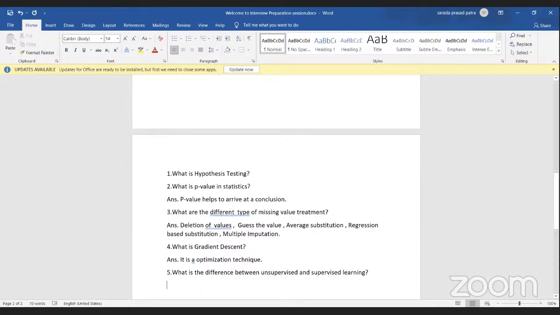Next, why do we need regularization techniques? Why do we need a regularization technique while building a model?